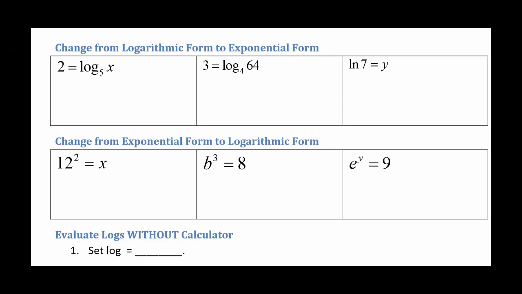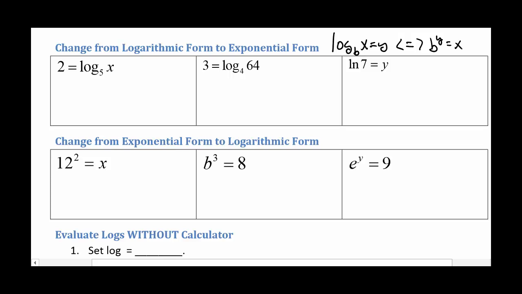We're going to take a few minutes and just practice converting from one form to the other. So I'm going to put the conversion formula up to the side here. Log base b of x equals y translates to b to the y equals x.